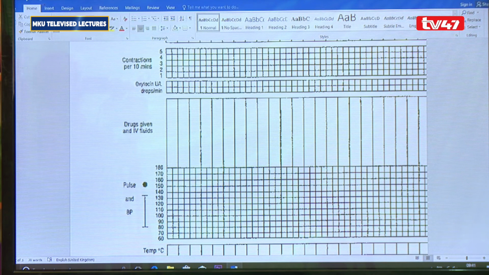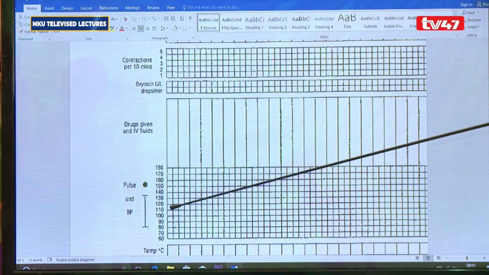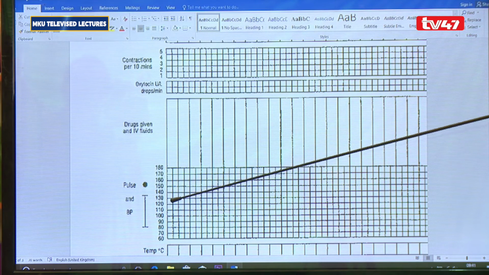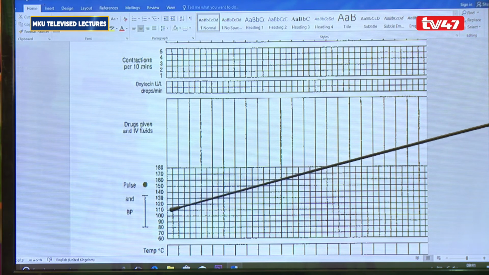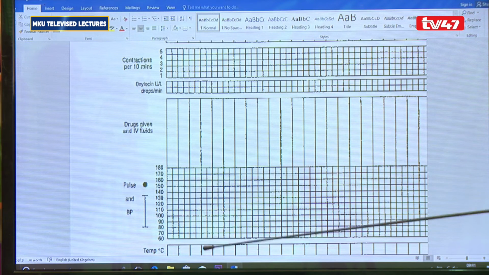Any blood pressure above 120 is not normal for midwives. This is because already during pregnancy there was the hemodilution of pregnancy, and the blood pressure was slightly lower because of that hemodilution. So anything above 120 will raise eyebrows for us as midwives.